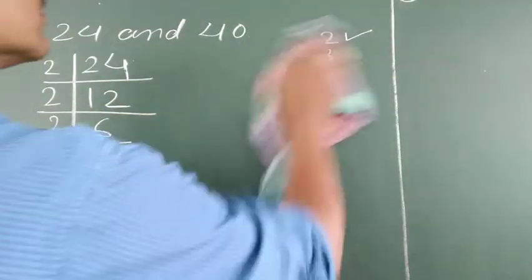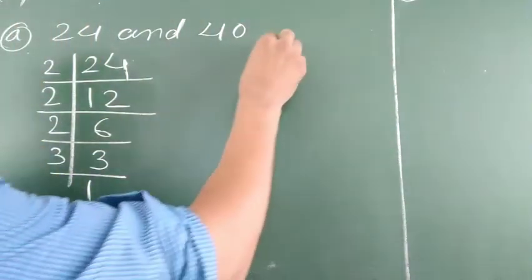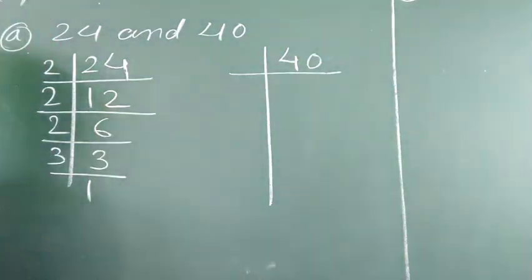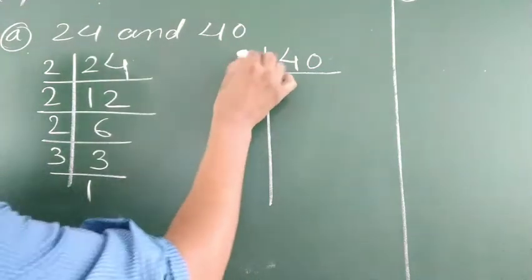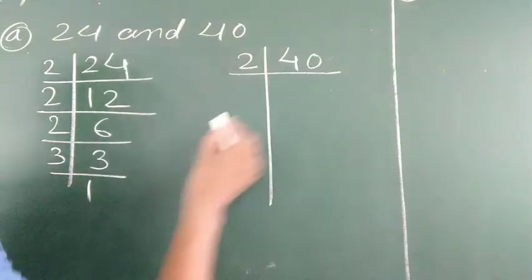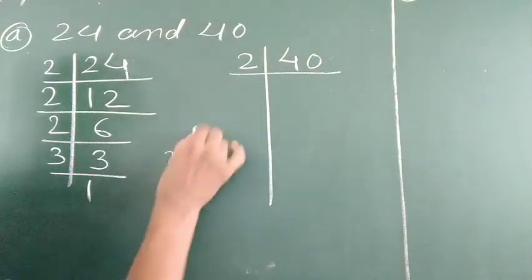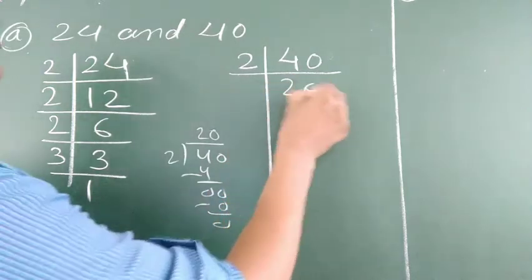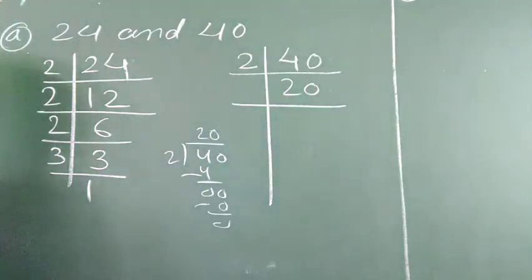Next, see, it is 40. You divide by 2 here again, because 40 is an even number, so we can divide it. Now see, 40 by 2, 2 2s are 4, 0, it is 20.